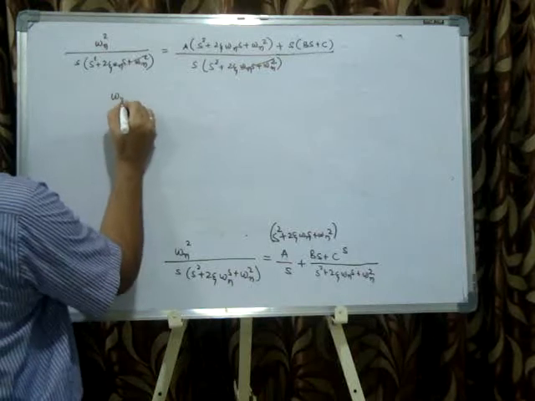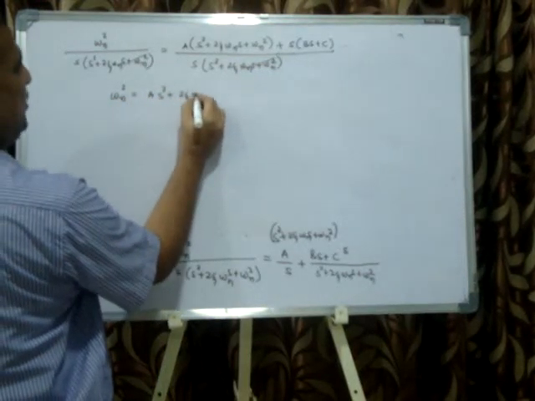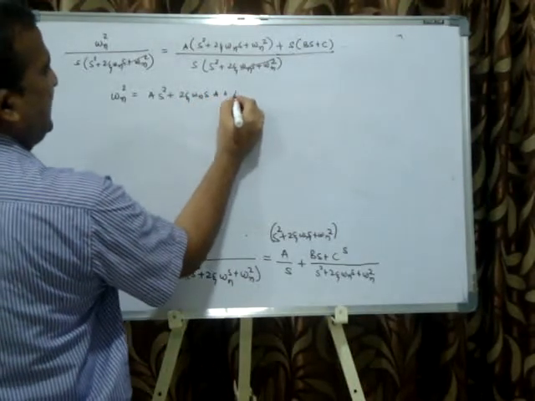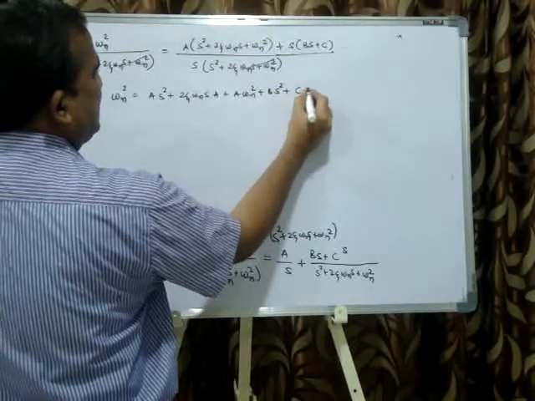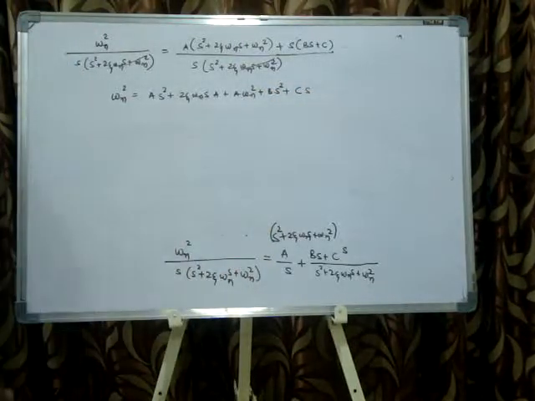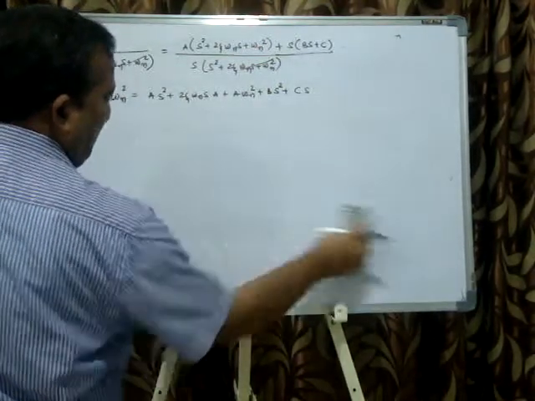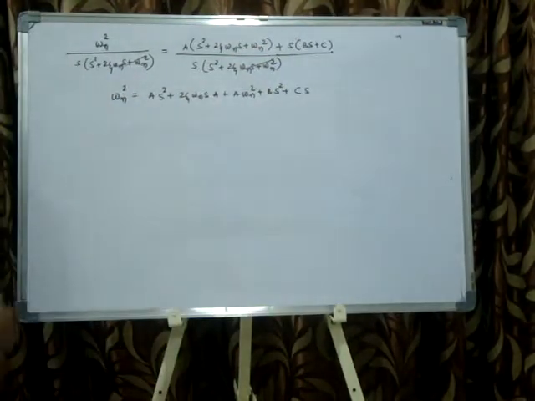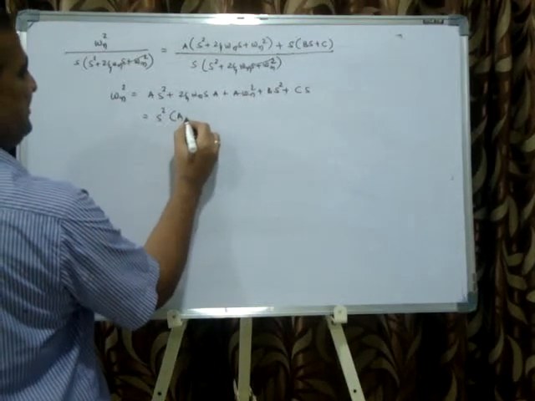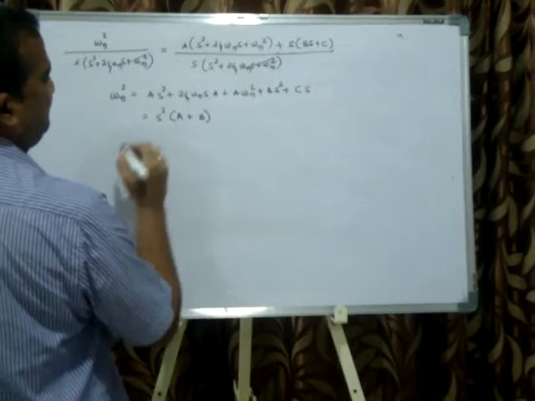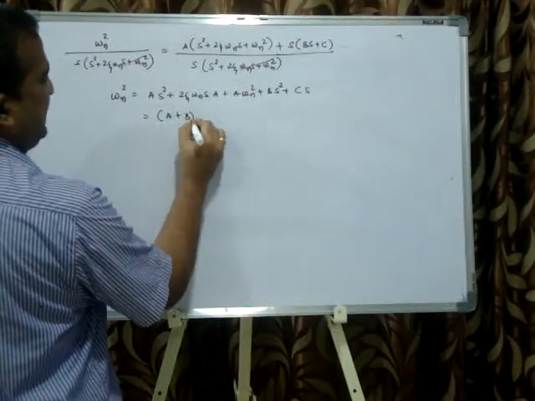So omega n square is equal to A s square plus 2 zeta omega n s A plus A omega n square plus B s square plus C s. Now I will take s square common, A plus B s square.